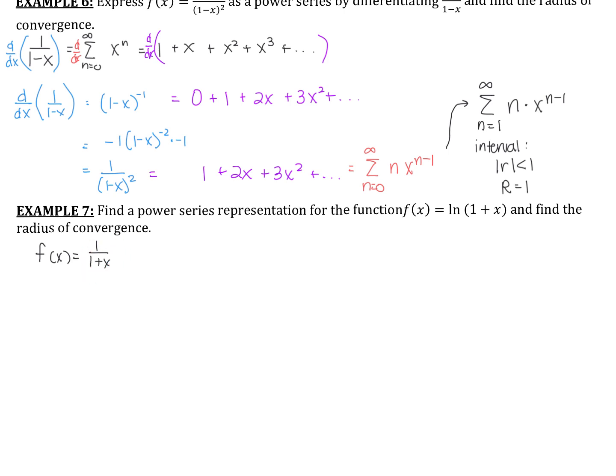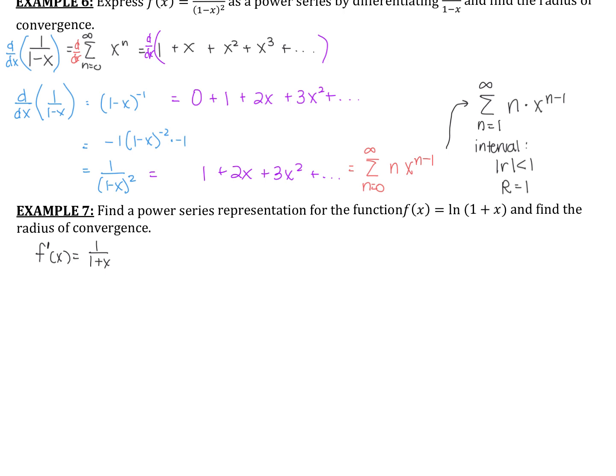Hopefully, what you think about is that the derivative of the natural log of 1 plus x is 1 over 1 plus x. So do you agree? Is it fair to say that f prime of x is equal to 1 over 1 plus x? Is that a true statement? Okay.